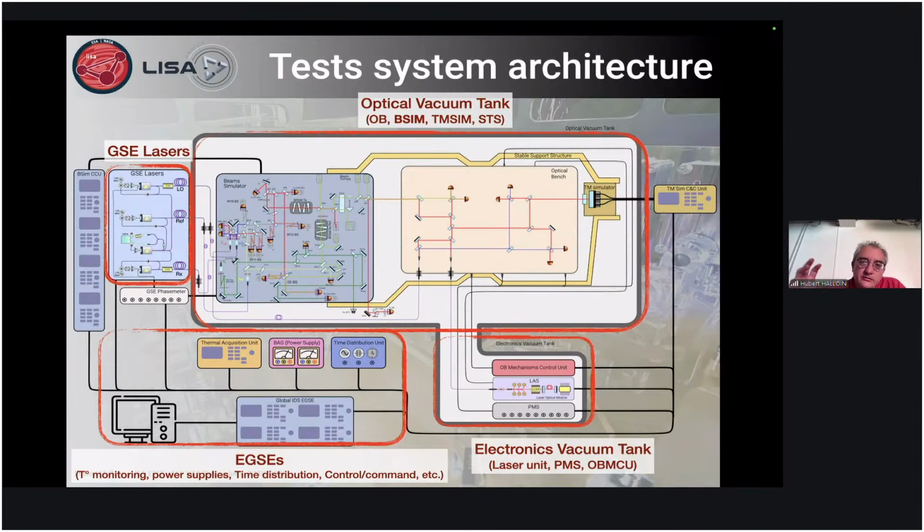So basically, in order to test this LISA equipment, we will need a lot of other GSEs to represent and to check the environment and to stimulate the optical bench.